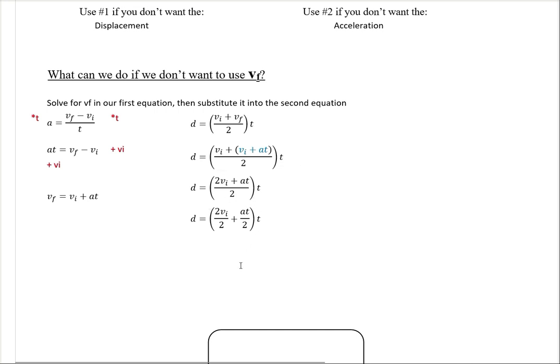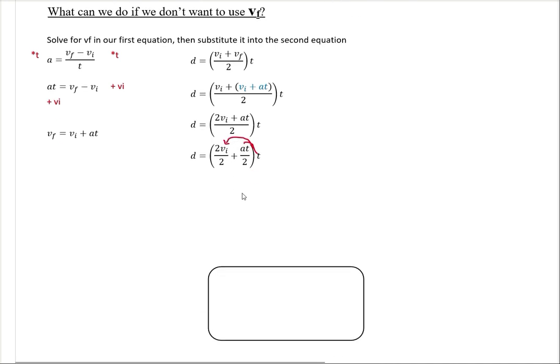Notice, however, this is still all in brackets, and we're multiplying by t. So I would take this t and make sure to multiply it into each term, because I have to use my distributive properties. So this is going to be Vi times t, and this is a times t again, then divided by 2. What this gives us is d is equal to Vi times t plus half of a times t squared.